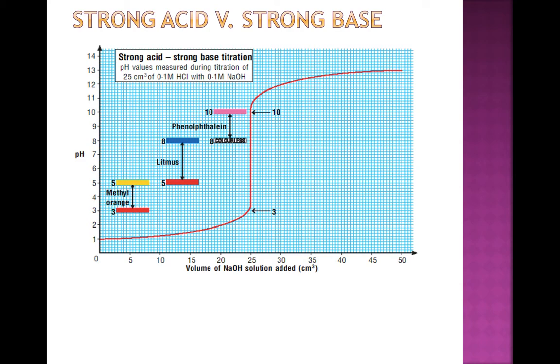And phenolphthalein changes between 8 and 10, so when you're at pH 3, it'll be colourless, and when you suddenly jump up to pH 10, it'll change to pink. So the net result is that any one of the 3 indicators would be suitable for this titration because they will change colour in that pH jump from 3 to 10 that you achieve by adding just 1 drop of sodium hydroxide around the 25 cm³ mark.